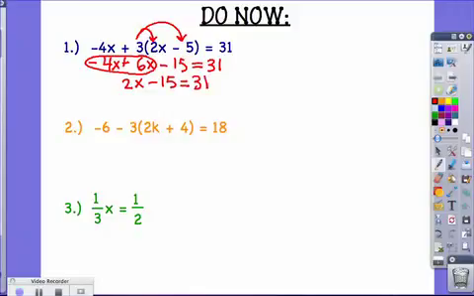Using inverse operations, I add 15 to both sides of the equal sign. So I'm left with 2x equals 46. By dividing both sides by 2, I'm able to isolate x, so x equals 23.